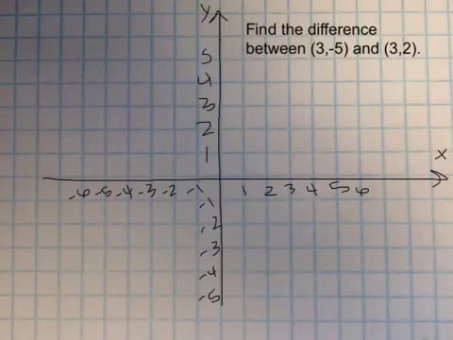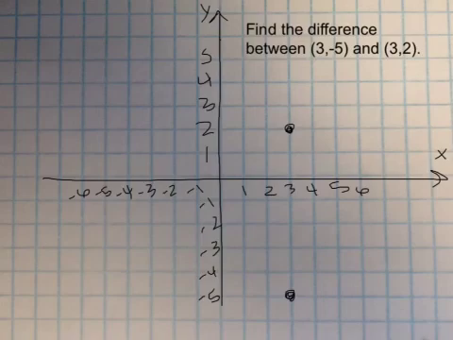Okay, let's see how you did. You needed to first plot the ordered pair 3, -5. So that is 3 on the x and -5 on the y down here. Mark it. And then we need to plot the ordered pair 3, 2. That's 3 on the x, +2 on the y, that's the spot there.